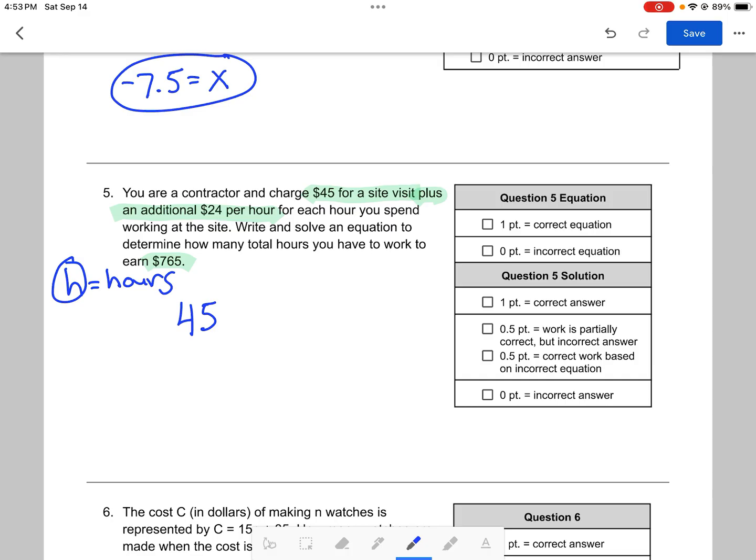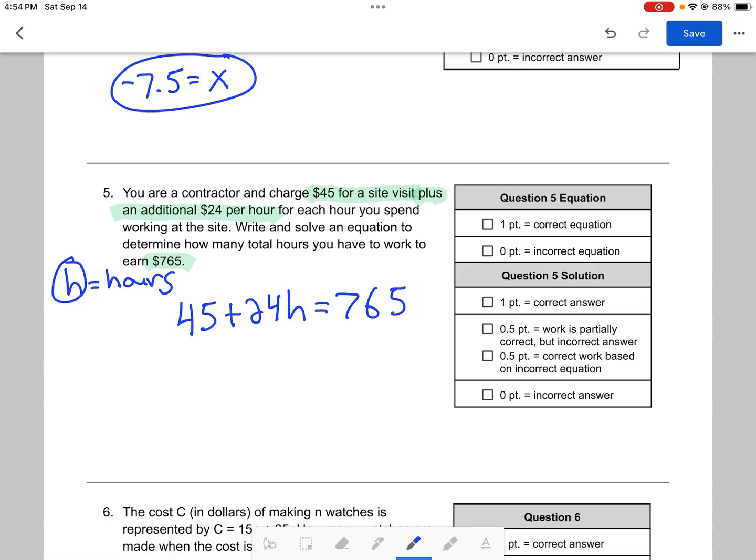But I do know he charges $24 per hour, so I'm going to put plus 24H. And again, that's 24 times H because it's $24 per hour. And then I'm going to set it equal to 765 because that's the total amount of money that you are looking to earn is $765.